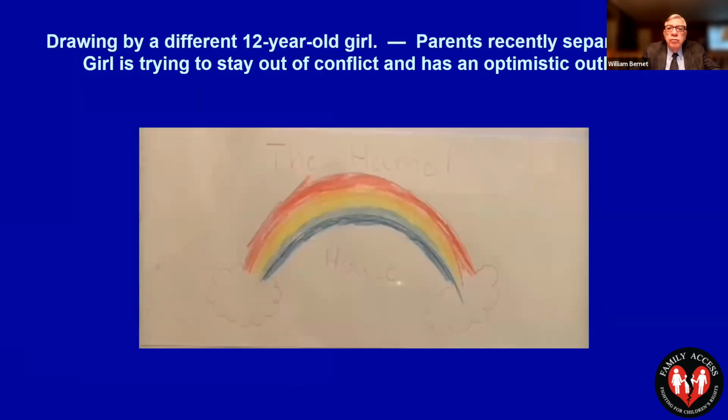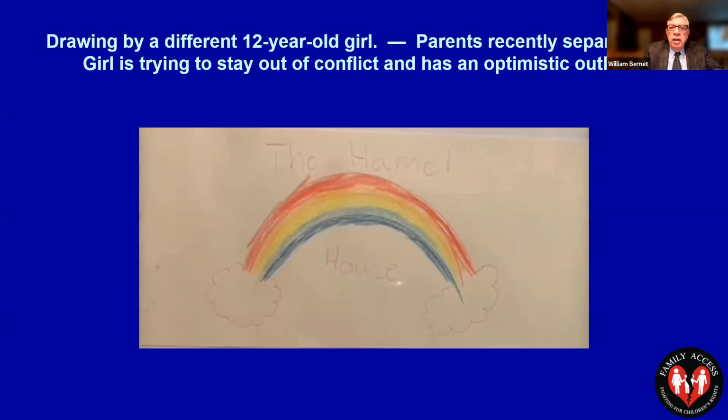So here's another simple example by a different girl who's 12, and they recently separated, and it's the same kind of thing. The picture is very positive. It has the name of the family, the Hamel house, and a rainbow. And rainbows generally convey a happy, optimistic feeling.